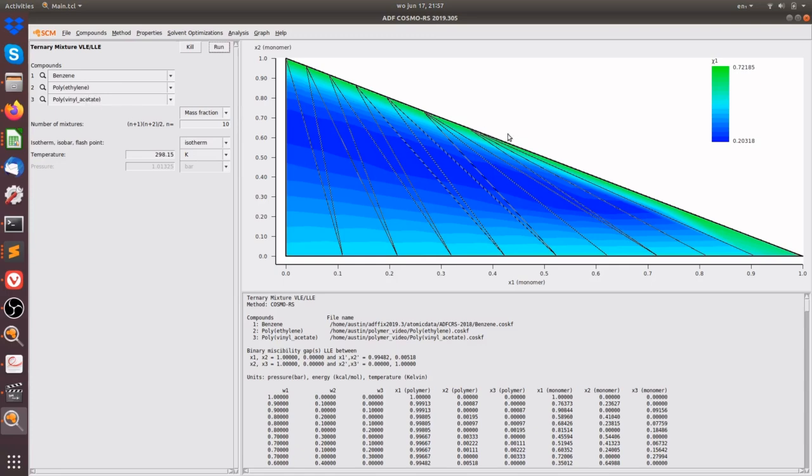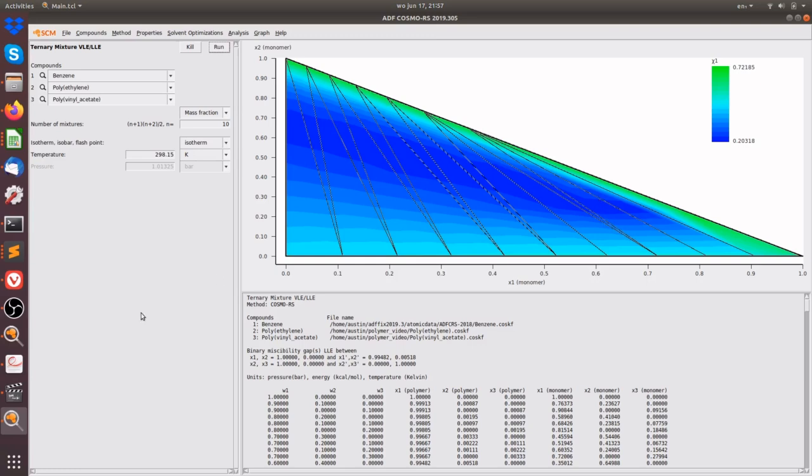So that's the Flory-Huggins parameter that corresponds to a copolymer, and specifically a block copolymer of polyethylene and polyvinyl acetate, which is just something you can use to explore the dependence of the Flory-Huggins parameter on copolymerization ratios.